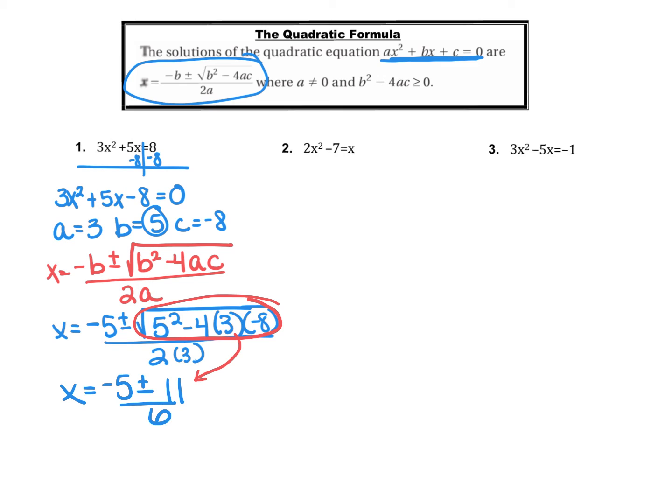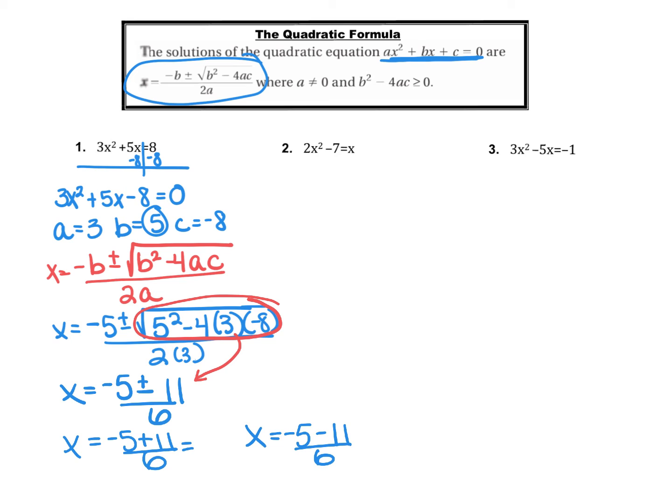Now you're going to end up with the two solutions, because when you plug it in, you're going to have x is equal to negative 5 plus 11 divided by 6, and then x is equal to negative 5 minus 11 divided by 6.